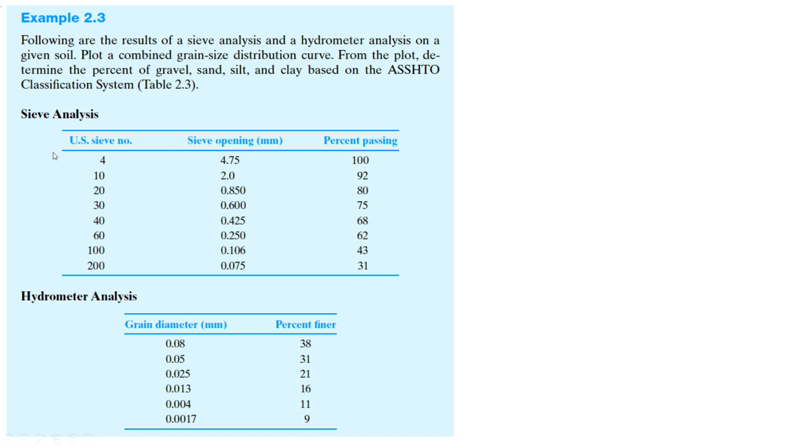In this question, it gives you two analyses, right? In the previous one, we just did the sieve analysis and the related calculations. Why do we have hydrometer analysis? Because the sieve analysis cannot get the very small particles distribution.